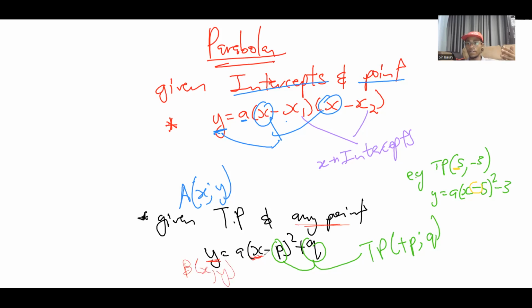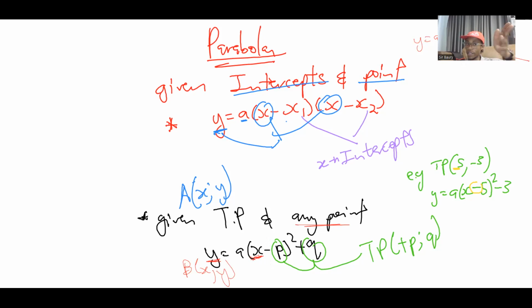When you're given the y-intercept and a point, that's when you can use y is equal to ax squared plus bx plus c, because c is the y-intercept. Then you can use simultaneous equations to find a and b.